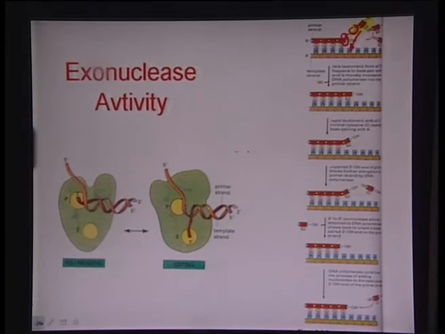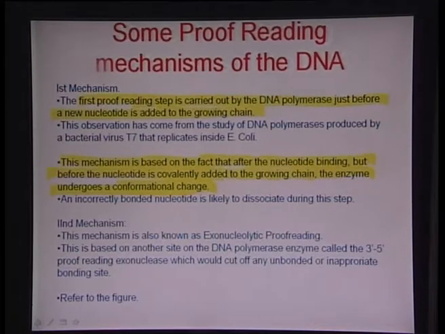Okay. The other mechanism which is of interest is also known as the exonucleolytic proofreading mechanism, and this happens because of the presence of another site on the DNA polymerase enzyme. Okay. So the site is also called the 3' to 5' proofreading exonuclease, and it would cut off any unbonded or inappropriate bonding sites.